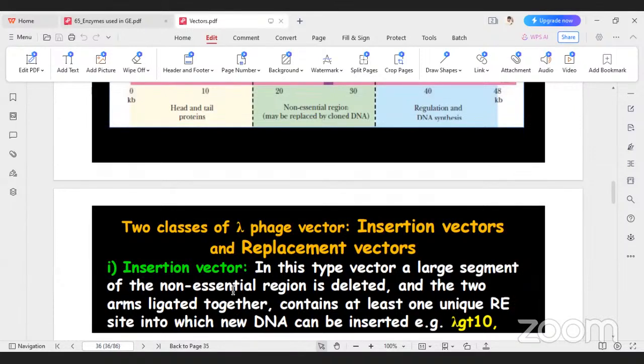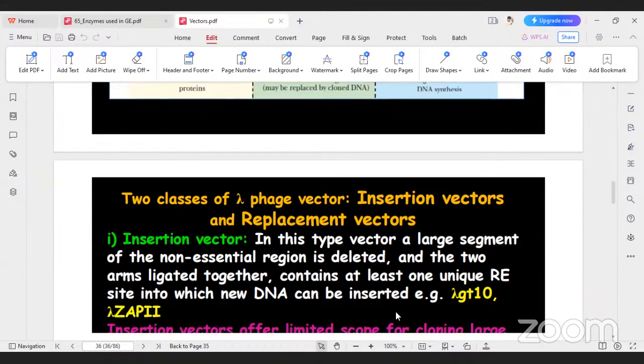What is an insertion vector? In this type of vector, a large segment of the non-essential region is deleted and the two arms are ligated together, containing at least one unique restriction endonuclease site into which new DNA can be inserted.